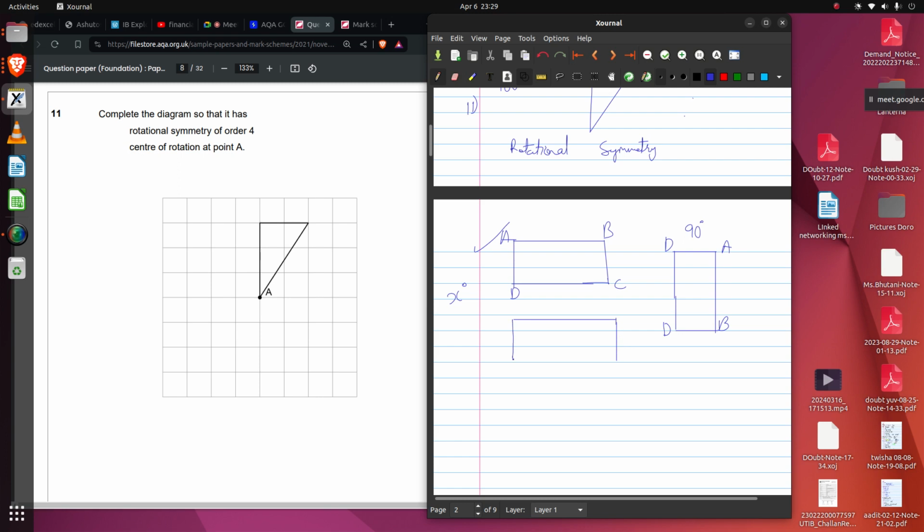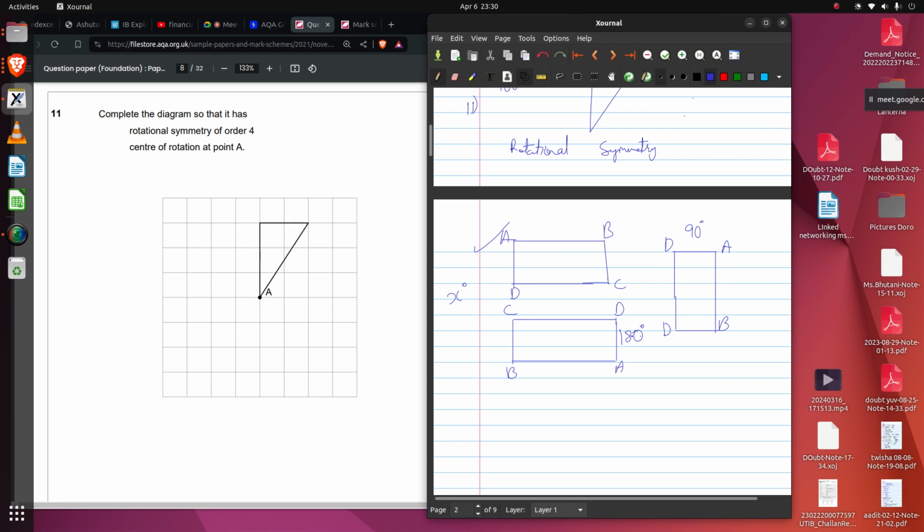Now if I rotate it a full 180 degrees, will it look like this? So you're rotating it at different angles. Correct.